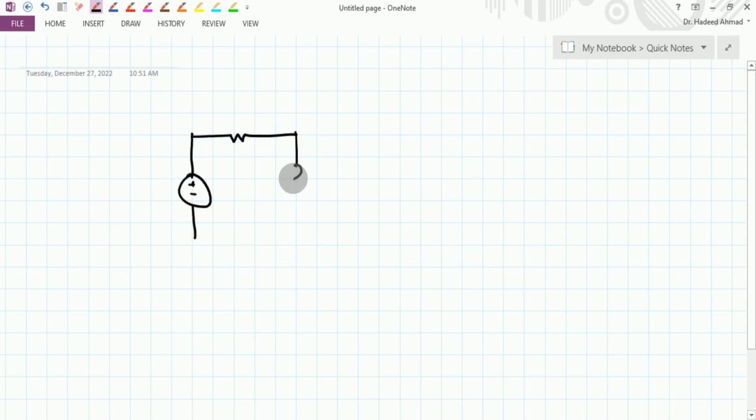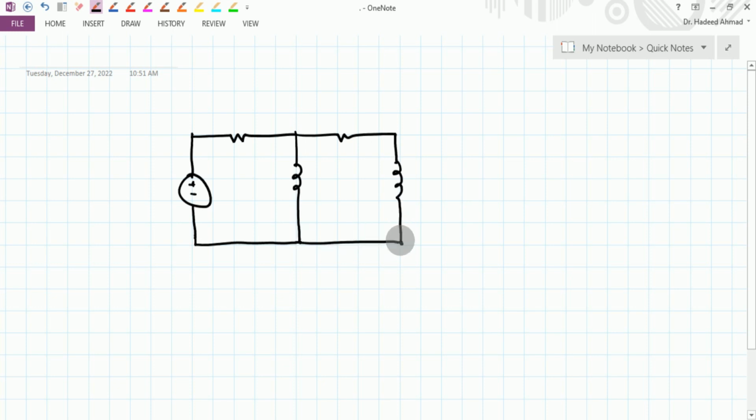has two inductors. Let me draw them. And we have two resistances. Let us say this is R1, this is R2, this is L1, and this is L2. It is quite obvious that there is no way that we can have an equivalent resistance R, or get the L equivalent for these two inductors, because they are neither connected in series nor in parallel.